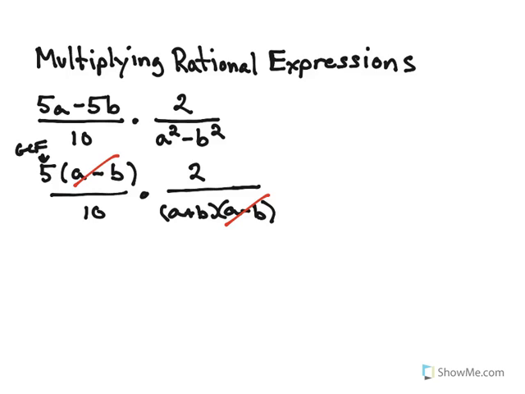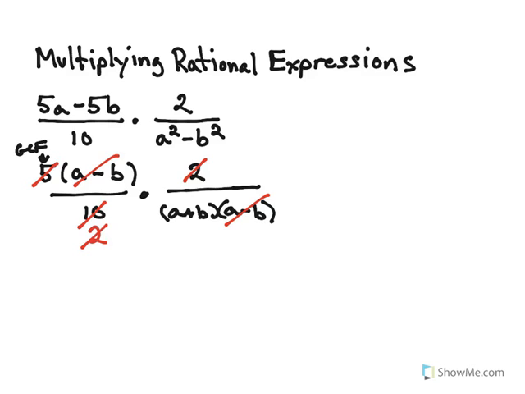You can cancel the 5, and then you can cancel the 5 with the 10. 5 goes into 10 2 times, okay? And we can also cancel the 2's. They're both divisible by 2, and those cancel.